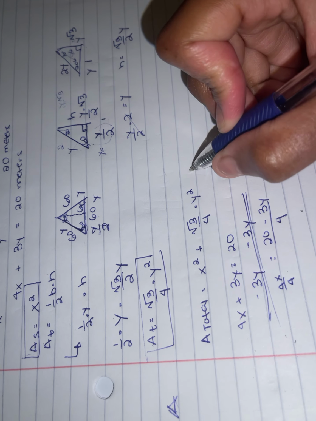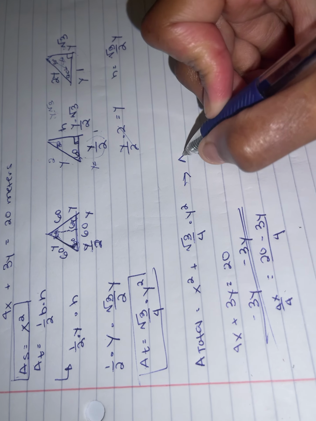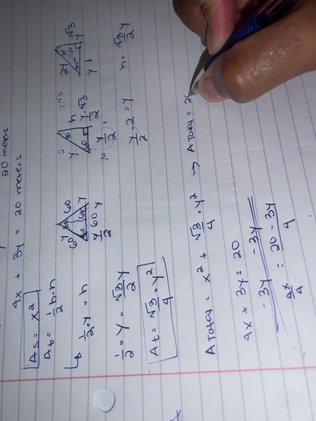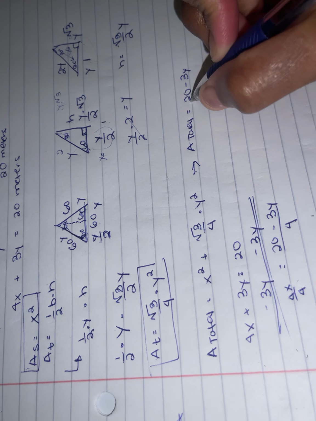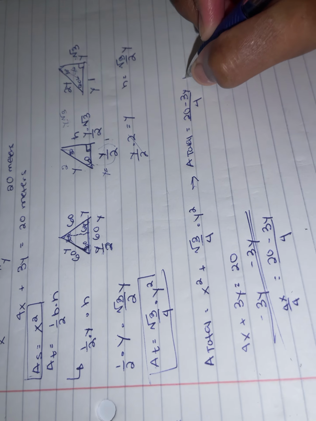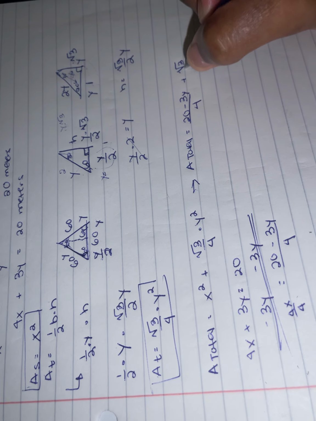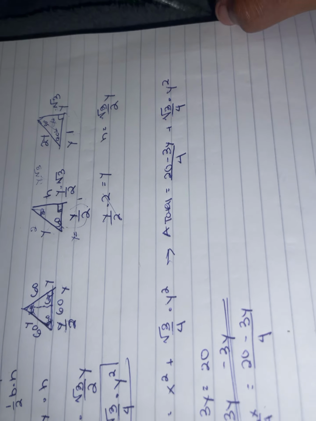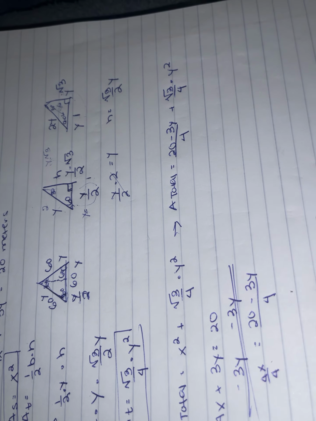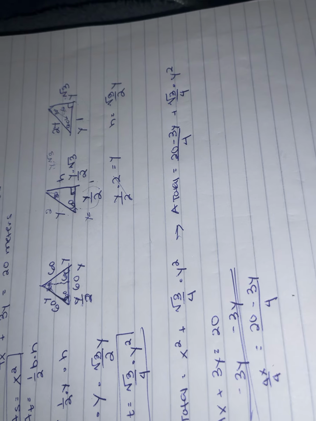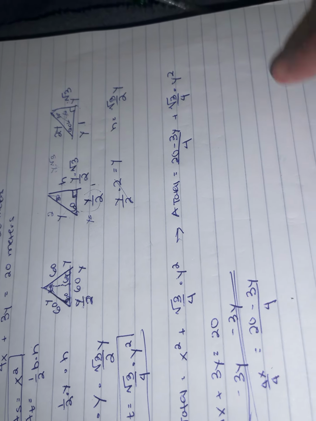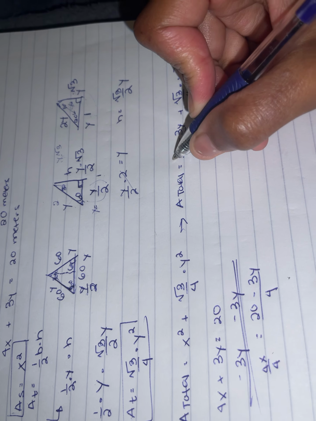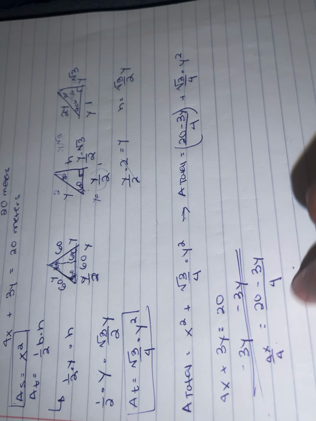So we can plug it into this total area. In terms of y, everything would be 20 minus 3y over 4, squared, plus root 3 over 4 times y squared. This is x right here.